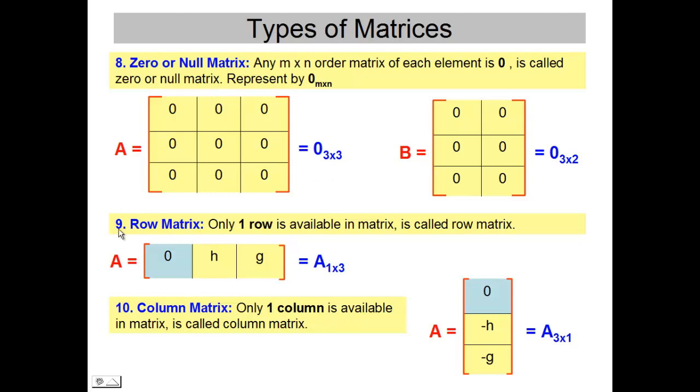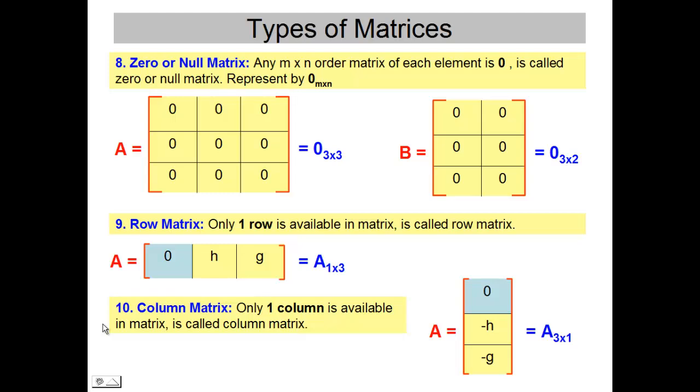Now the ninth type is the row matrix. In a row matrix, only one row is available. For example, A equals 0 h g. This is a one row matrix, with size 1 by 3, meaning one row and 3 columns.